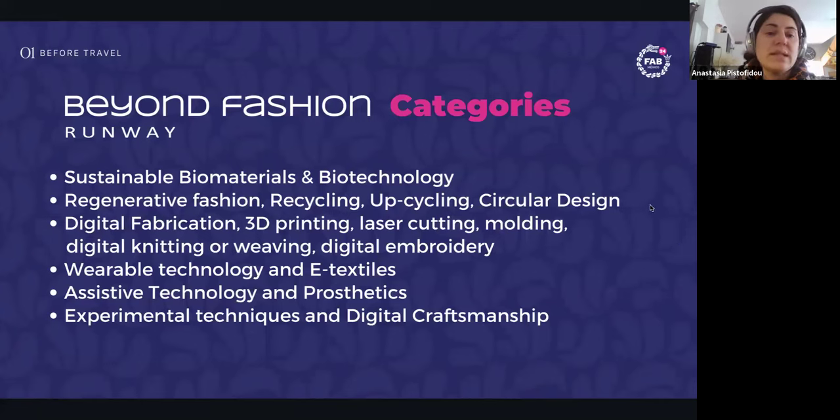We also have another category in the application form where you can propose a performance. So if you have a dancing performance, or some other projection, video mapping, or other type of performance, you can also propose it there.